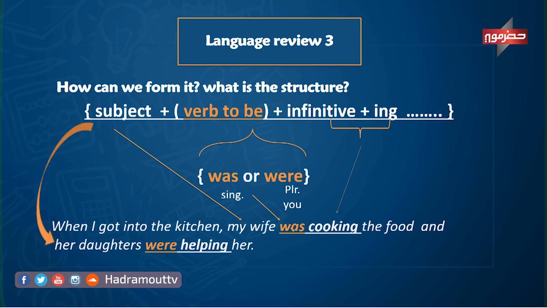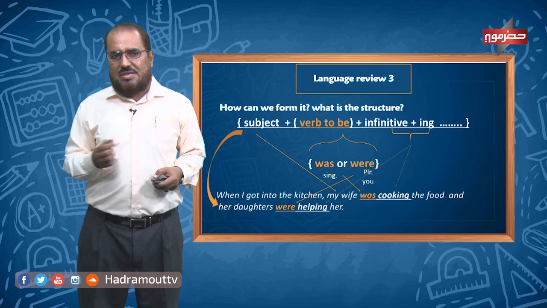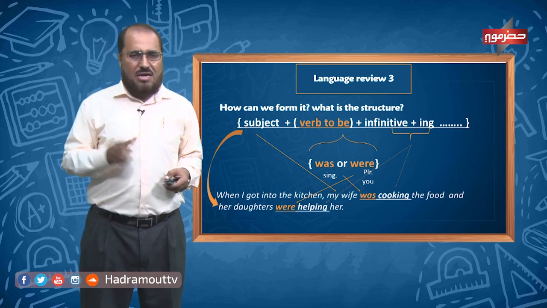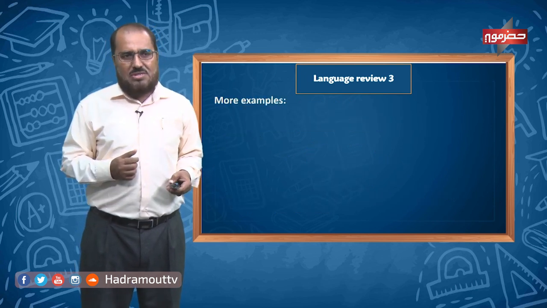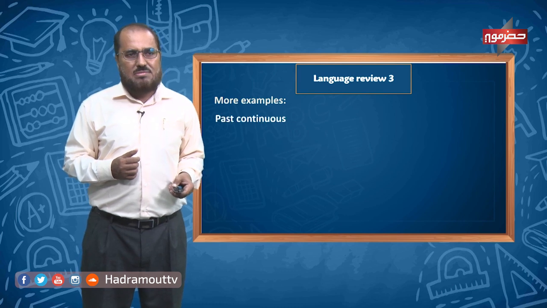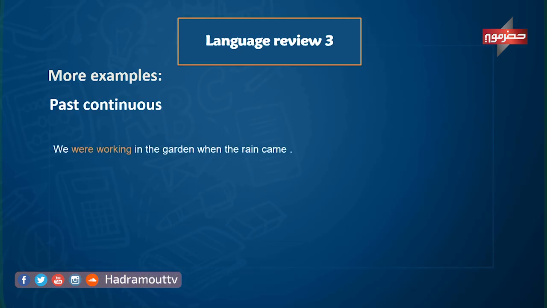Where's the subject here? Her daughters, the subject of the additional information. Okay, verb to be, were, then the verb with ing, help, then ing, helping her. Her is the complement.